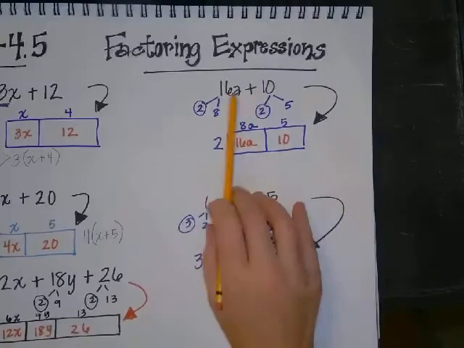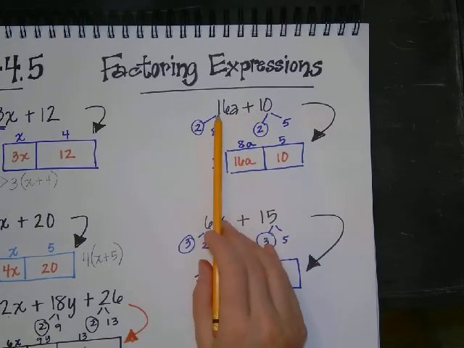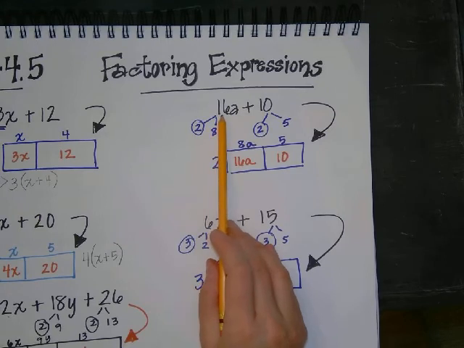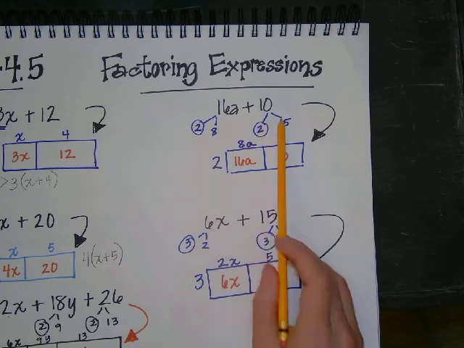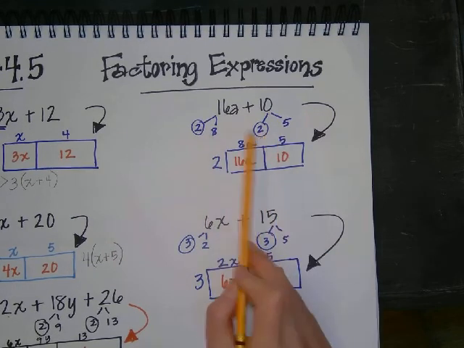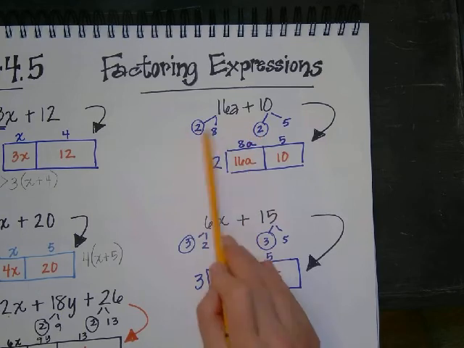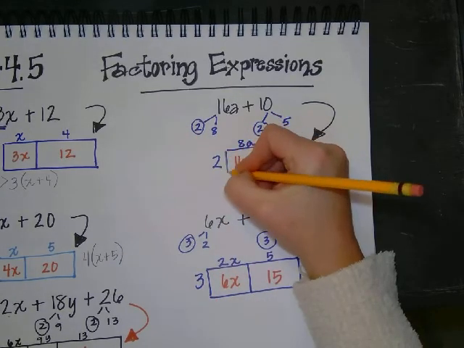All right, let's do this one up here, 16a plus 10. This one's not as obvious because I have to actually think about what the factors of 16 are: 2 and 8, also 4. But 10 is 2 and 5, and I knew that there would be a 2 in there, so I'm going to pull out the 2. Notice I put it on this side of the rectangle.